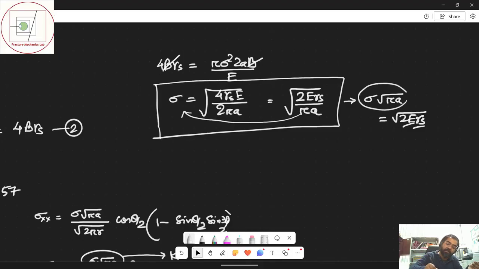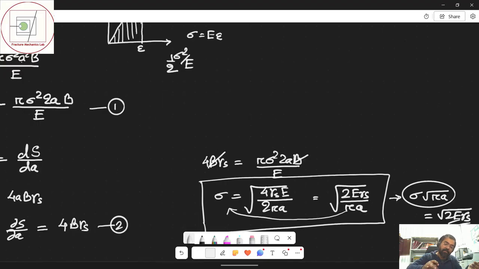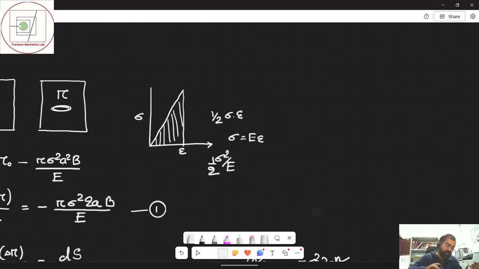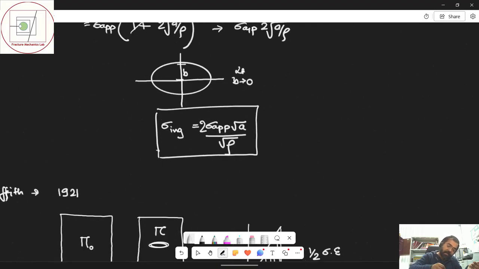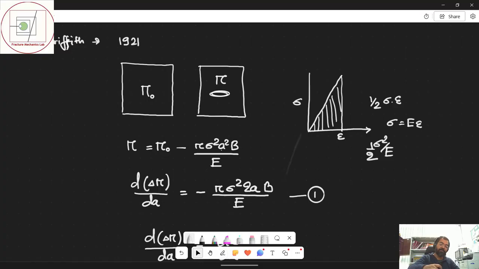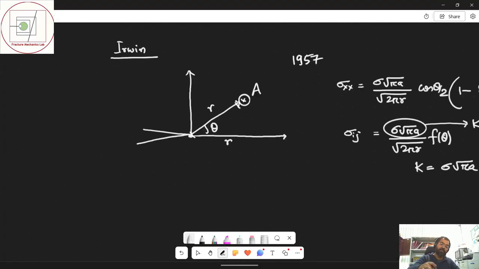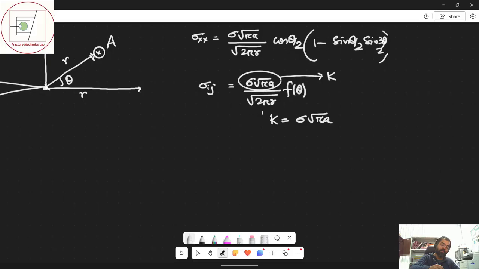But this is already there in 1921, and if you go back to the 1913 English analysis, again you see sigma root a is there. You can add root pi because that's a constant, and you get again sigma root pi a in the expression. So this expression reappeared by many researchers, and finally this stress intensity factor formulation was used and is used.